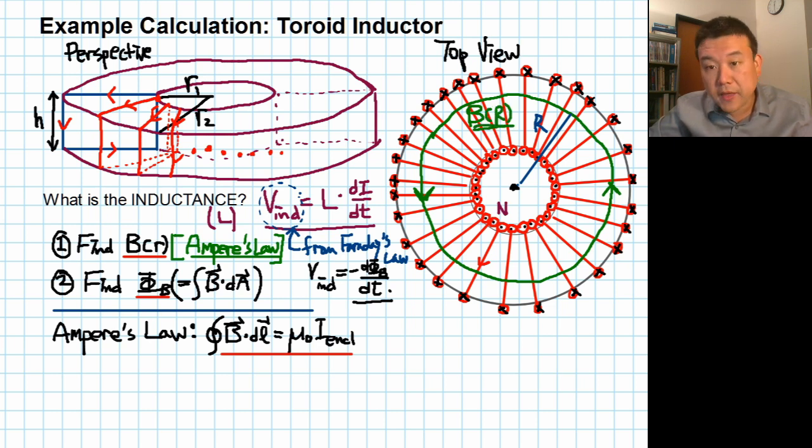No dependence on angle because of this rotational symmetry. If you have magnetic field at this point, the magnitude of the magnetic field should be the same all the way around this circle, because you can rotate this geometry by any amount of angle, and nothing would change.